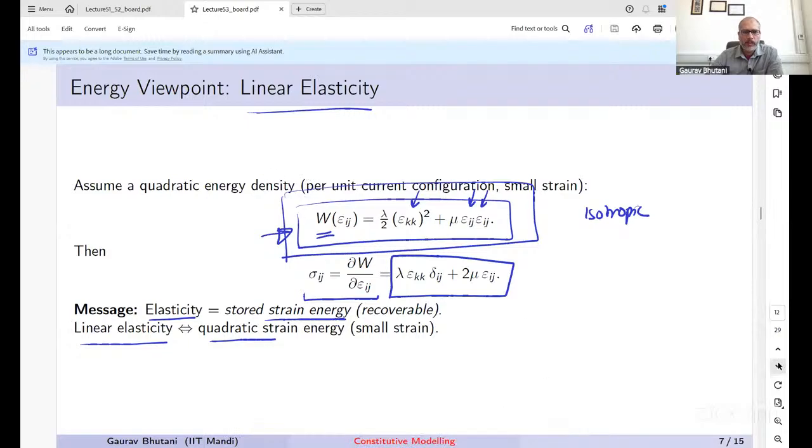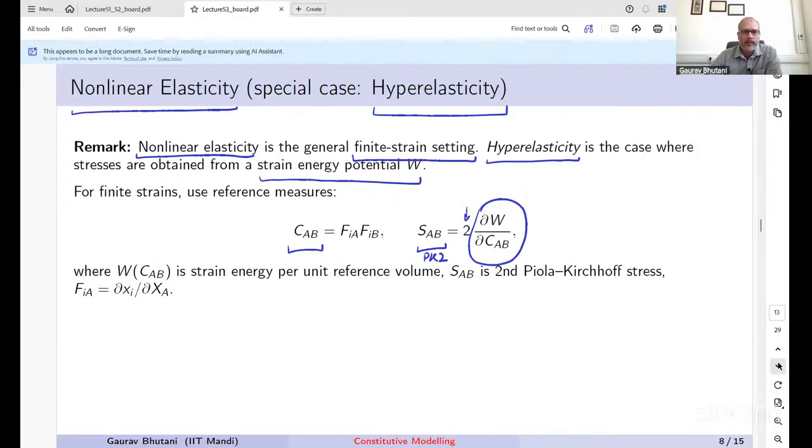All right, so moving on. Then we generalized the discussion to hyperelasticity, that is nonlinear elasticity, where typically for finite strain settings, nonlinearities are visible. And this is where the general idea of an energy approach shines.